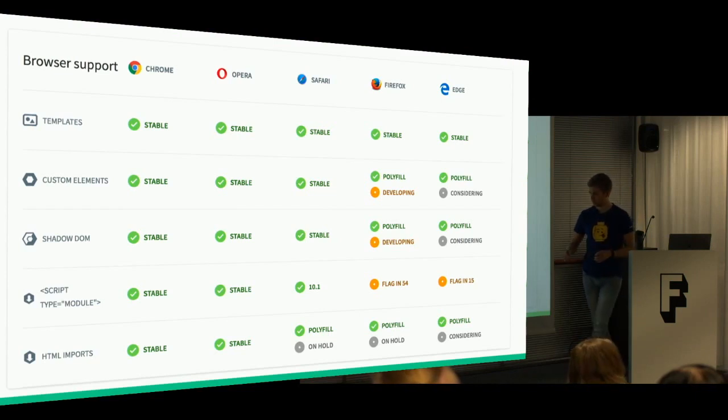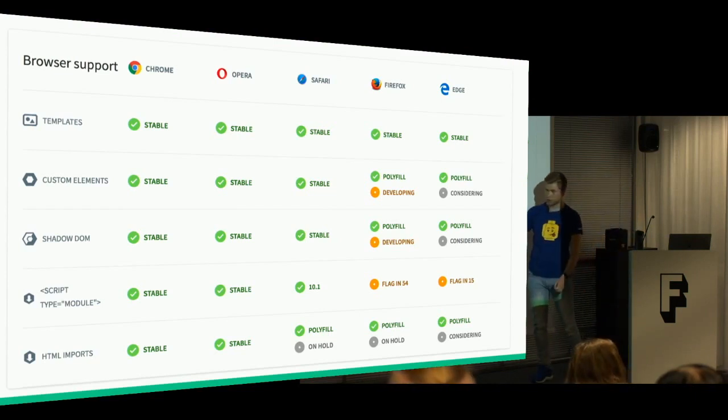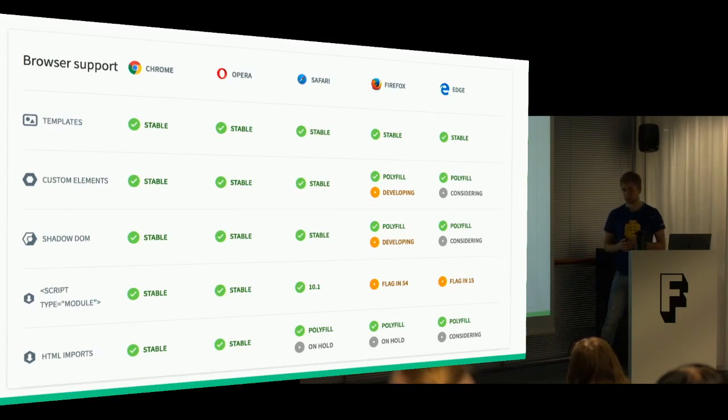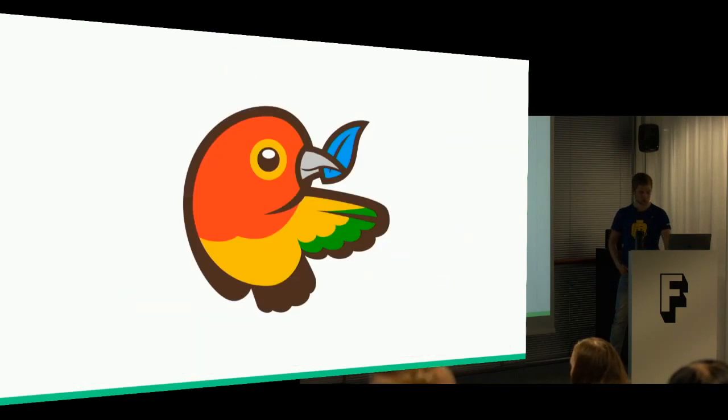So instead of using HTML imports, I think web components are moving a bit more towards using ES6 modules. For example, the Polymer library: Polymer 2.0 uses the HTML imports, but 3.0 will totally discard the HTML imports and start using ES6 modules. So things are going in the right direction.